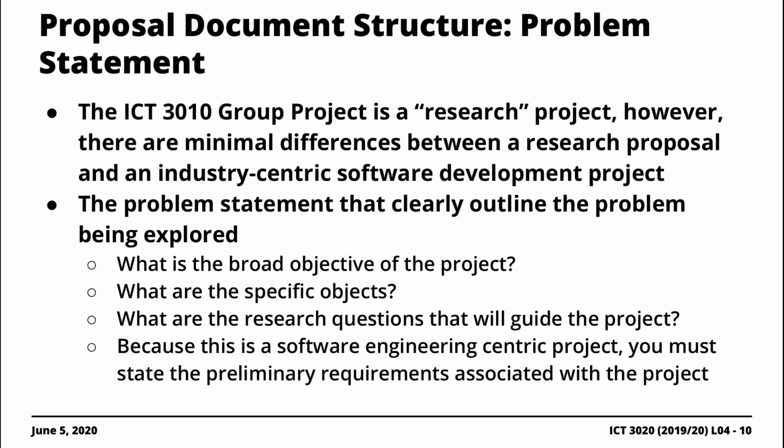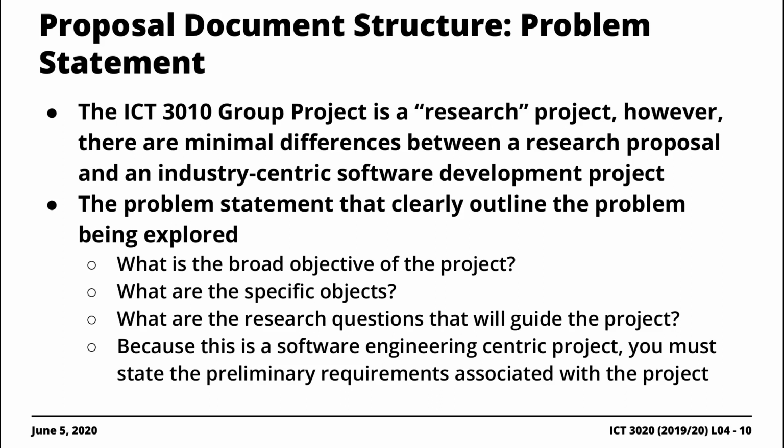Then also, as part of the document, there must be a section that talks about the problem statement, right? It must be clearly stated. Again, last year in 2034, we went through a systematic process of carving out an appropriate problem statement. You must clearly state the problem that you're solving, right?